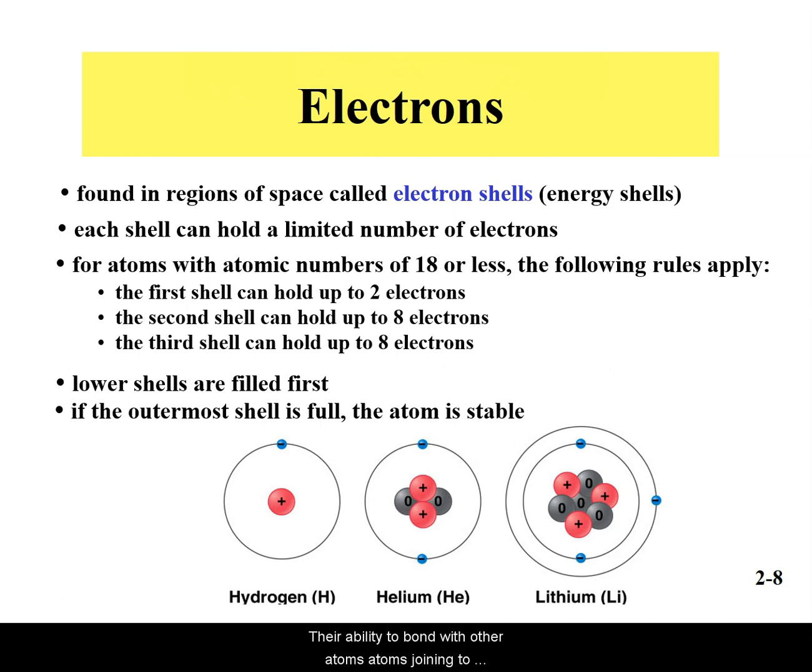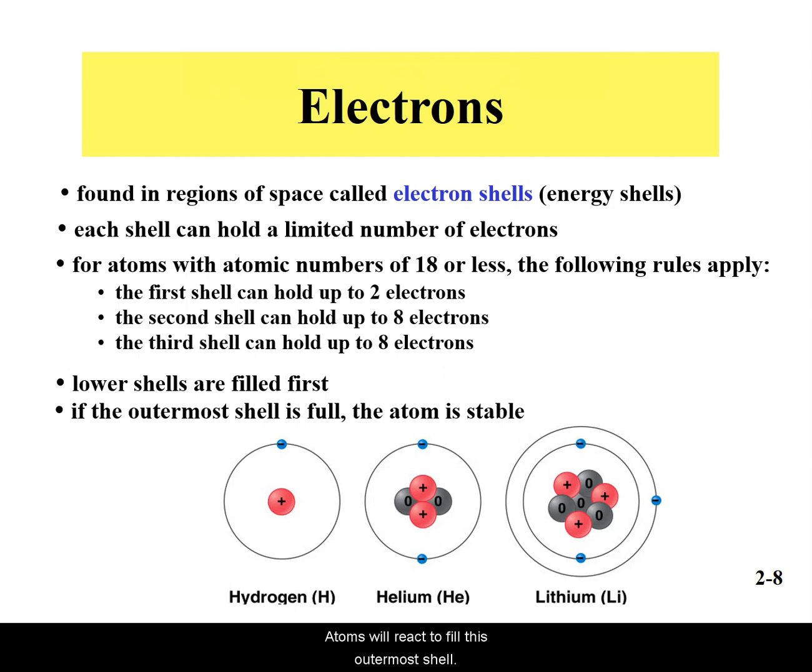Their ability to bond with other atoms, joining to form a compound, is dependent upon these outer shells of electrons. The chemical reactivity and the bonds are dependent on the outermost shell and the electrons found there. These are also called valence electrons, found in a valence shell.